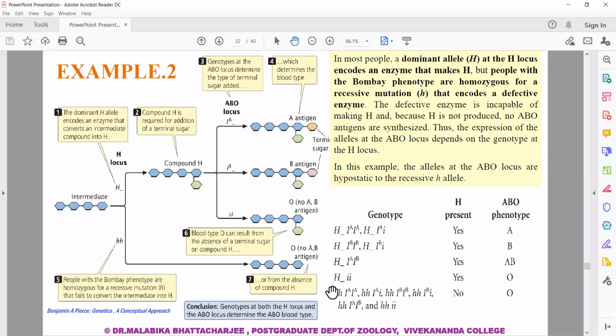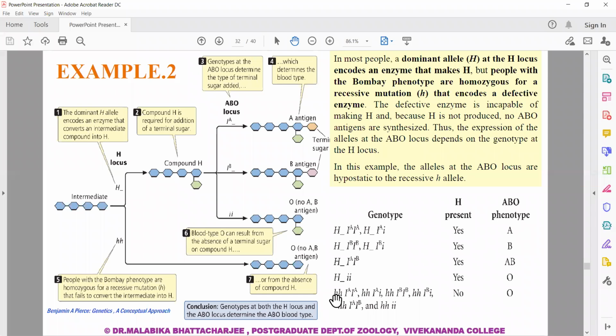So whenever we have hh, whatever sits at the blood group locus becomes immaterial, because all the genotypes will exhibit the phenotypic expression as well as the characteristics of the O blood group. So the hh allele is totally masking the IA expression or the IB expression. So this is another beautiful example of recessive epistasis.